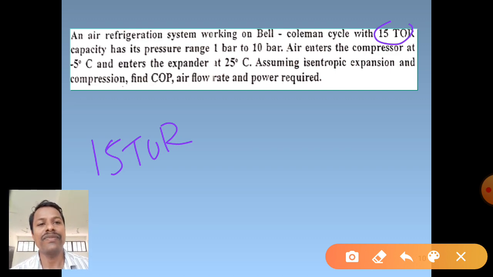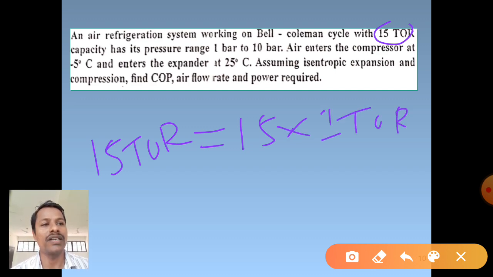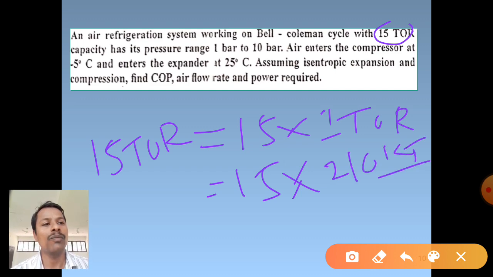Refrigerator capacity is 15 TOR, 15 tons of refrigeration, which is equal to 15 into 1 ton of refrigeration. We know that 1 ton of refrigeration is 210 kilojoule per minute. So this is how we convert the data according to our requirement.